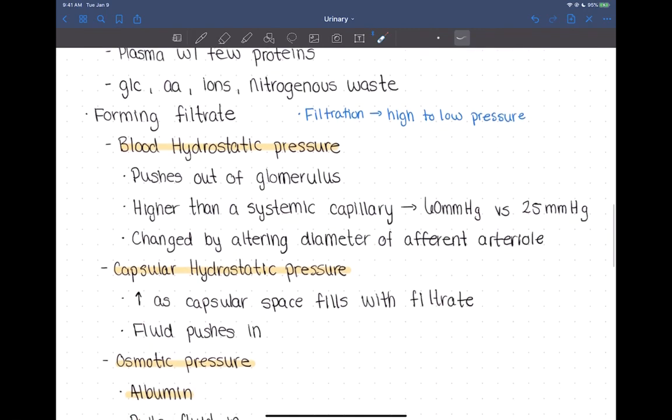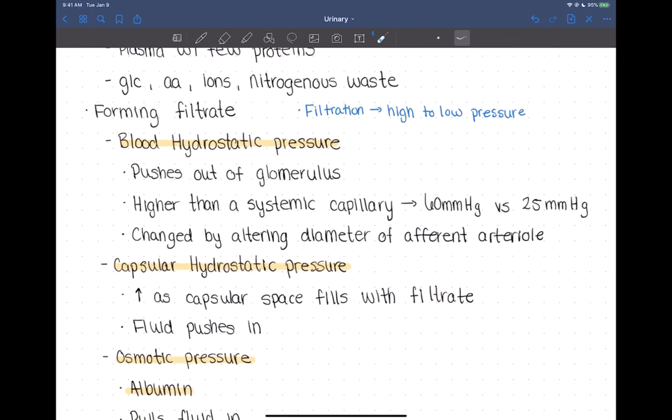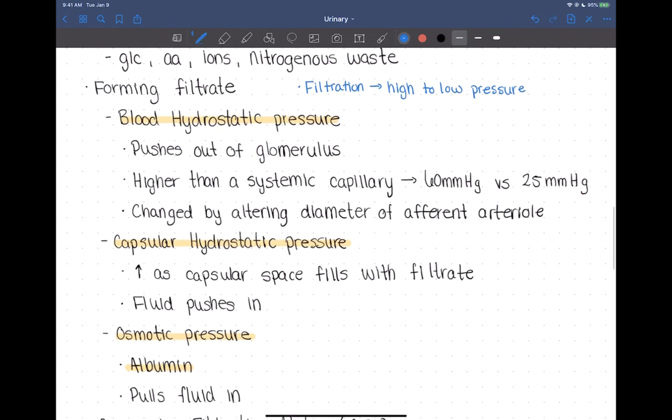Okay, so let's talk about the pressures that are involved. So the first pressure that's involved is the blood hydrostatic pressure. This is essentially just the blood pressure within the capillary itself. Okay, and so it's going to be pushing out of the glomerulus. And typically this pressure within the glomerulus, these special capillaries, is going to be much higher than in a systemic capillary bed, which we've talked about before.